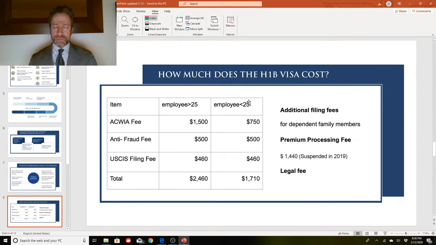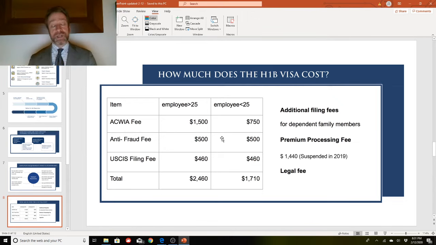Now, each application, of course, has certain application fees. That's important to know. These are government fees. These are not lawyer fees, okay? There is the USCIS I-129 form fee, which is $450, okay? There's also an anti-fraud fee for initial applications, and there's an ACWIA fee that is either $750 or $500 depending on the size of the company.